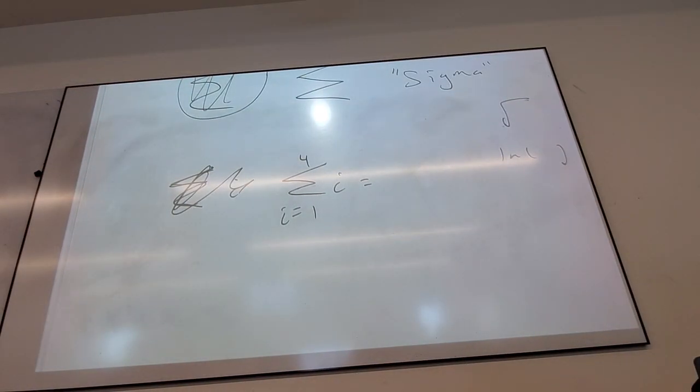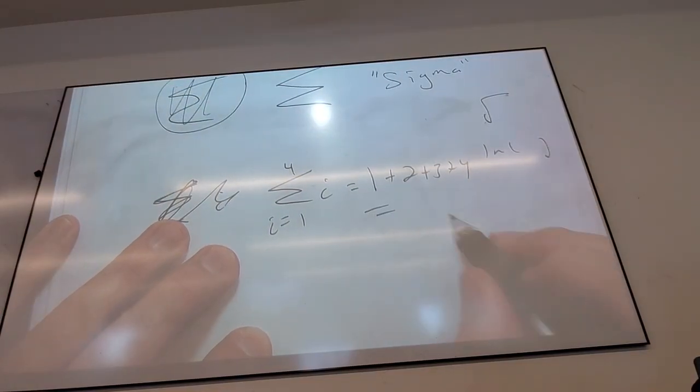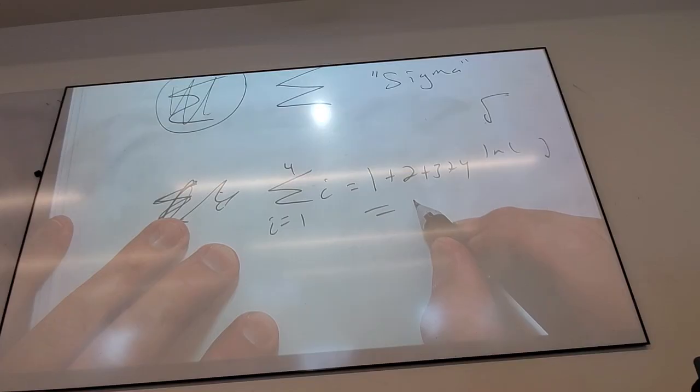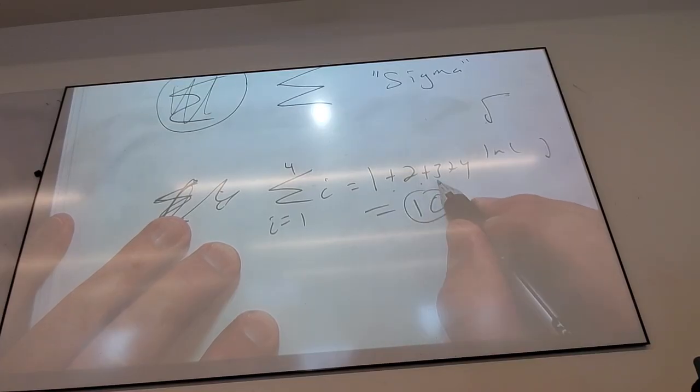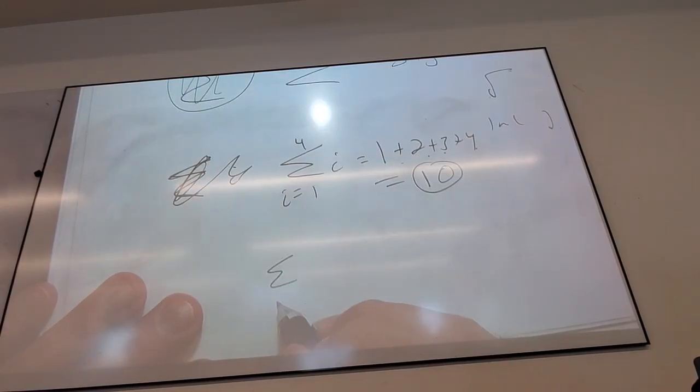So this would be 1 plus 2 plus 3 plus 4, which is 10. Is that okay? So what about this?